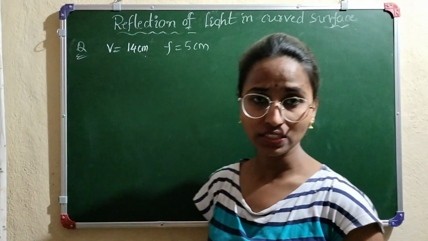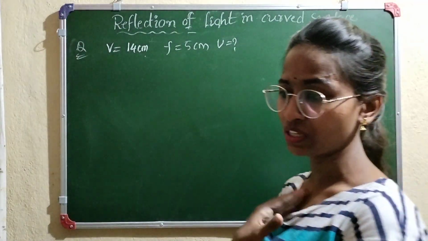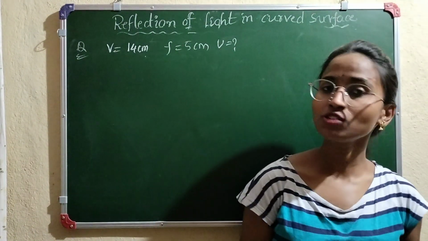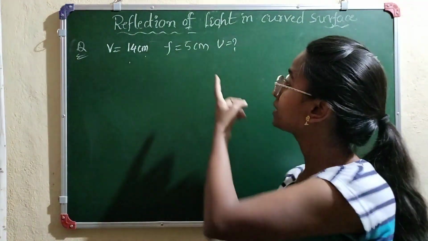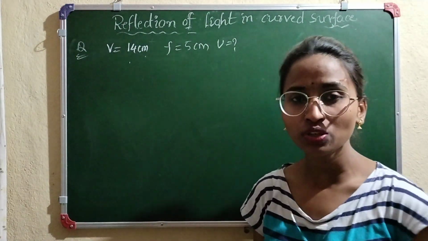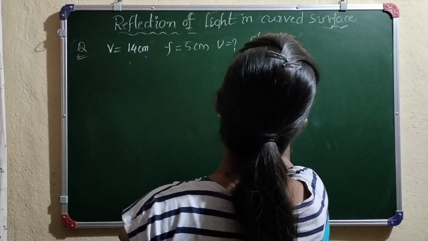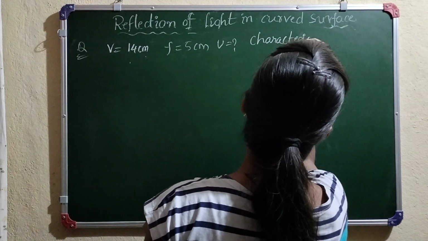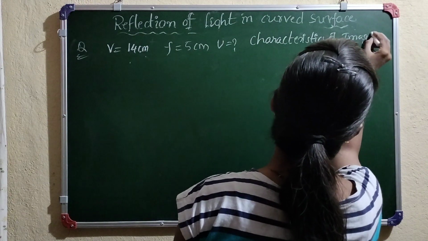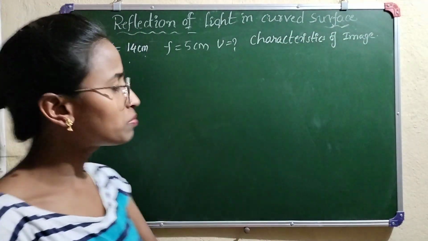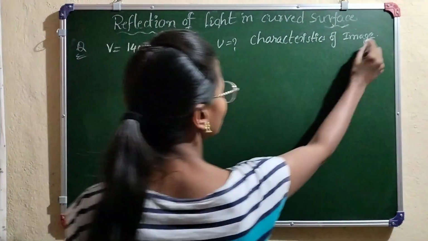What is the object distance? I mean, for a concave mirror the image is forming at 14 centimeters in front of the mirror, and the focal length is 5 centimeters. Find the object distance U and write the characteristics of the image, and which type of image, which type of object. Am I clear?